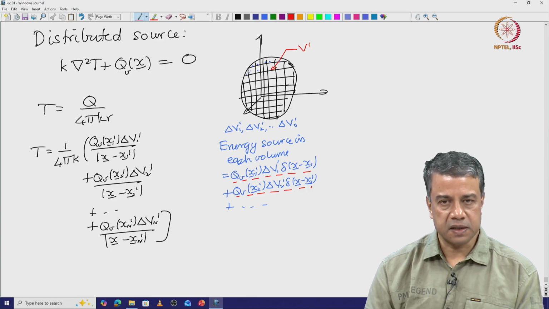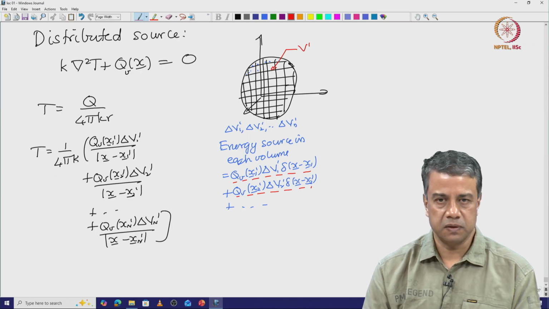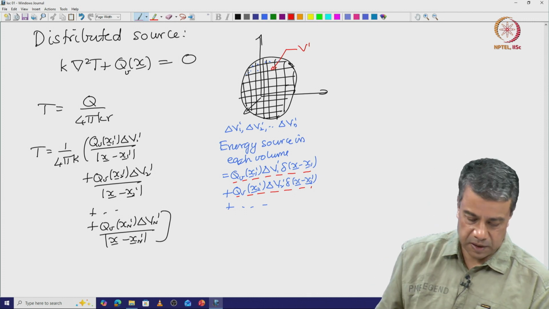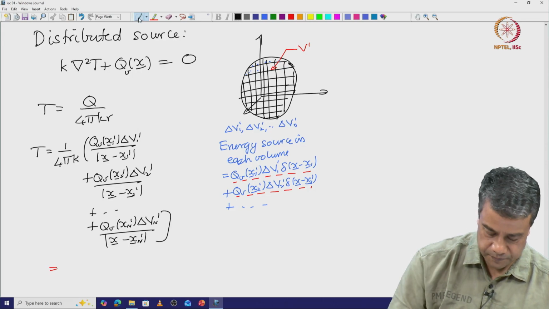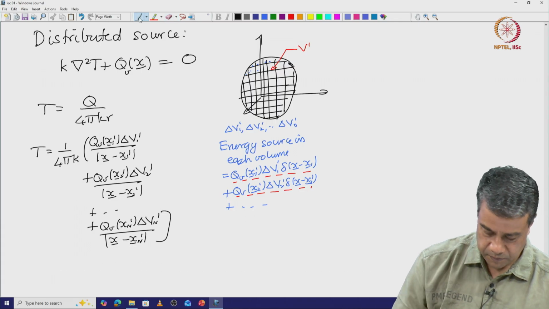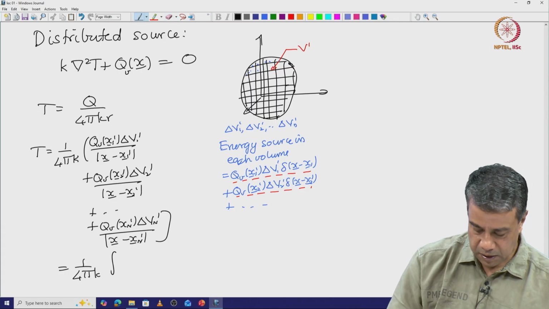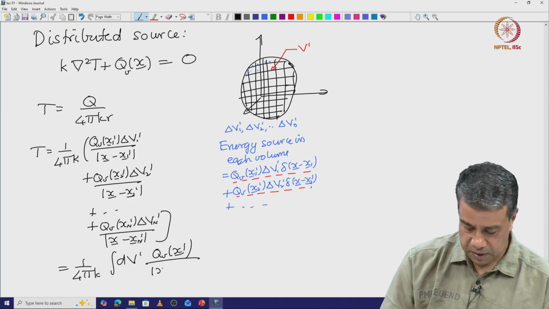And in the limit as delta V1 prime, delta V2 prime, etc. go to 0, this summation can be replaced by an integral. The temperature is equal to 1 by 4 pi k integral dV prime QV of x prime divided by x minus x prime.